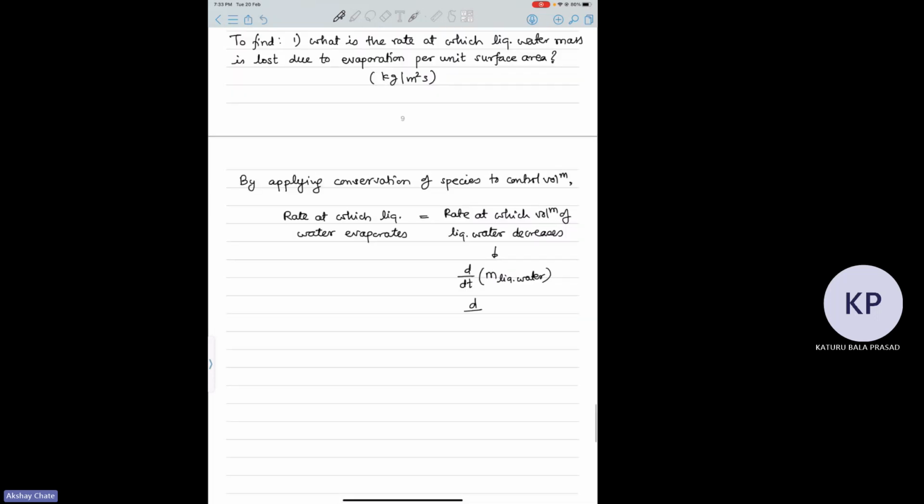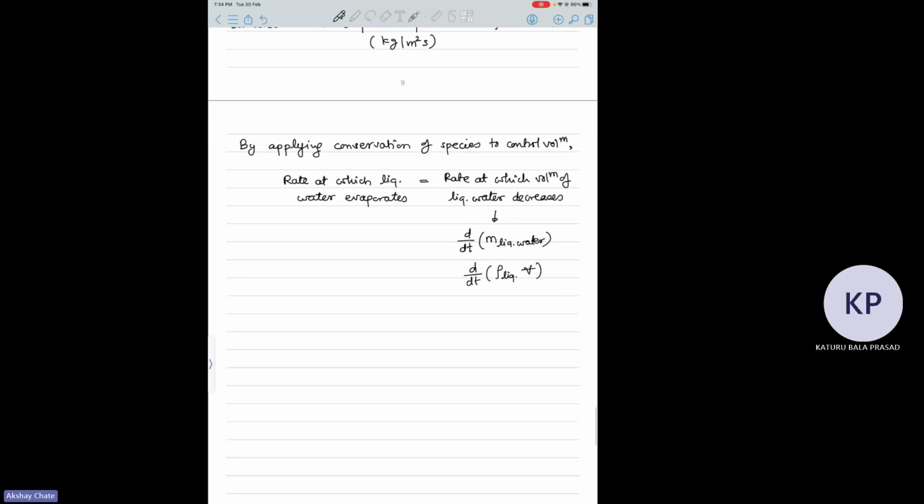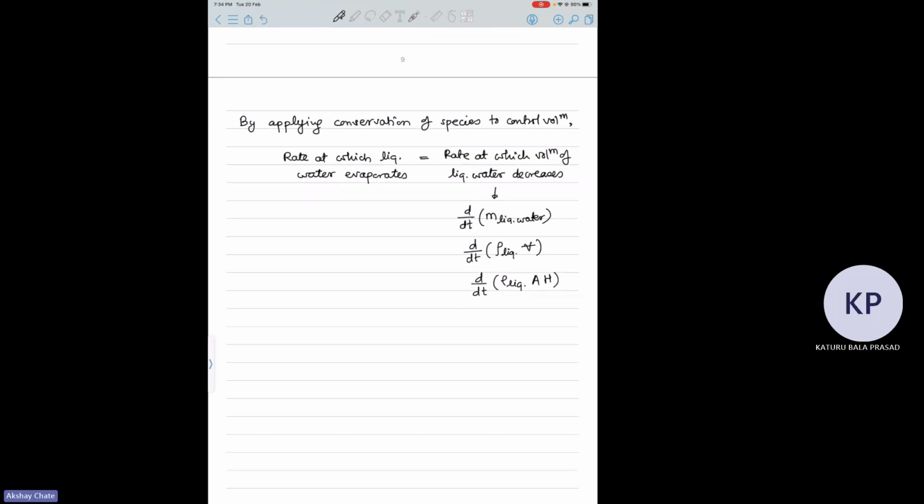And what is the mass? We can write it in terms of density: density of liquid water times the volume of this pool. Now see, we don't know the area. They have not mentioned any surface area or anything like that. So let it be. We'll write it like this: rho of liquid water times some area times the height, and we have dH by dt, right? So we'll assume constant area.